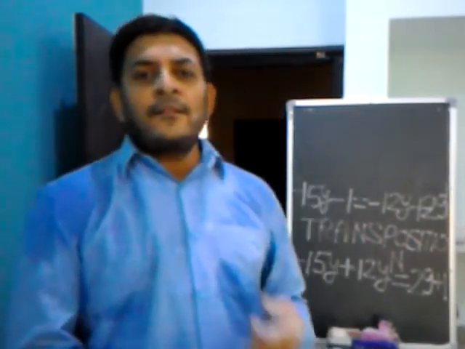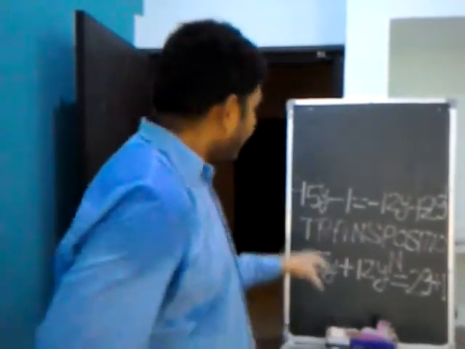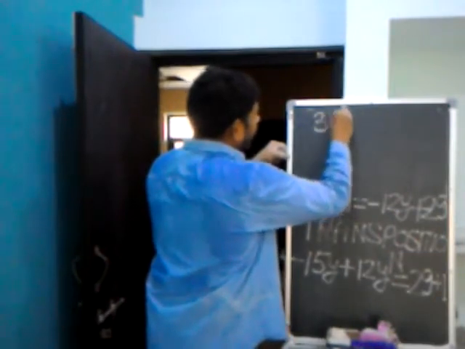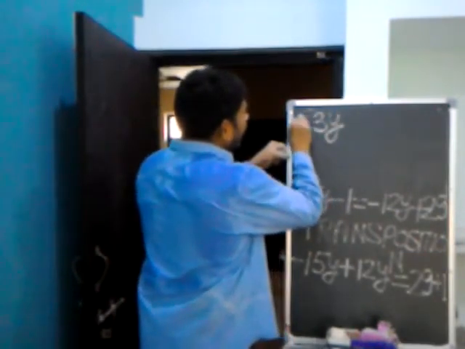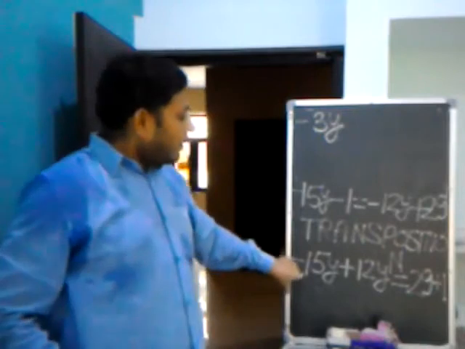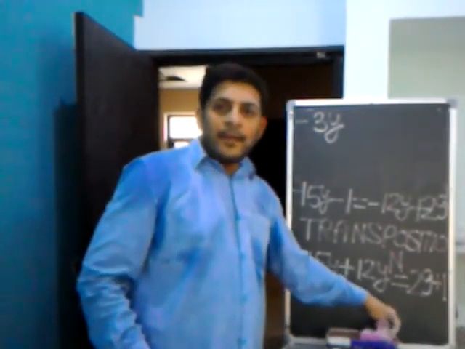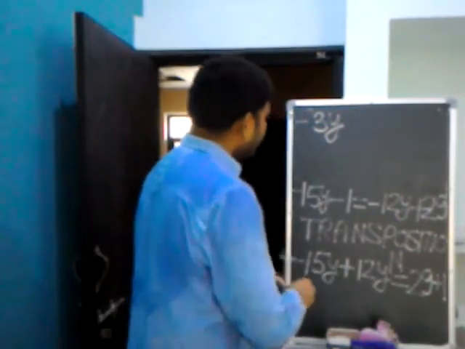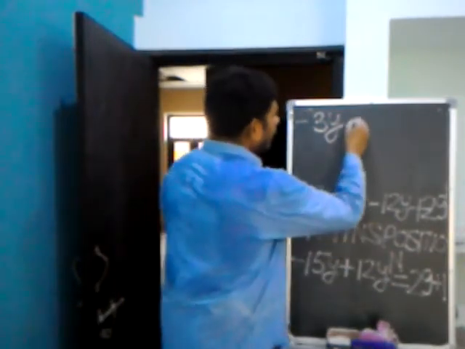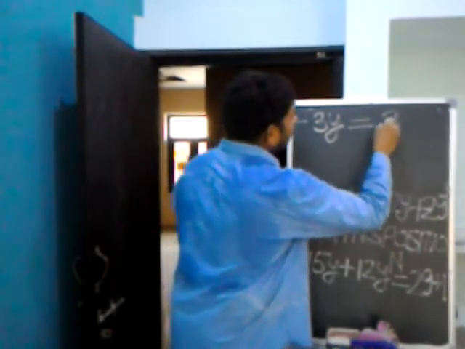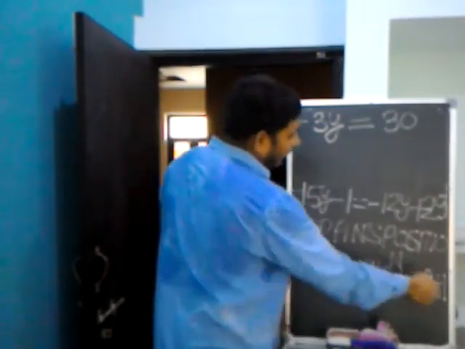So obviously there will be subtraction, because if there are opposite signs then we subtract. So 15 minus 12, 3y of minus, because 15y is bigger and has a negative sign, is equal to 30, 29 plus 1.